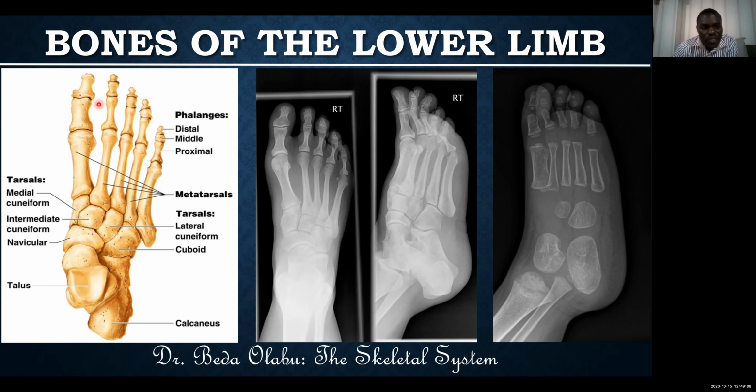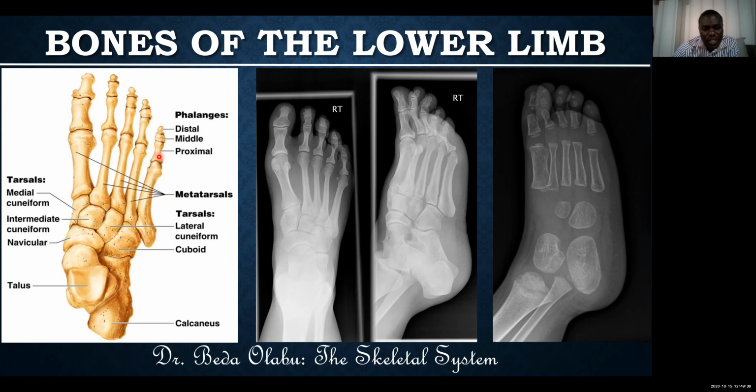Don't be tempted to say 15. The big toe, similar to the thumb, has only 2 phalanges, the proximal and the distal phalanx. But the other 4 toes, just like the other 4 fingers, have 3 phalanges each: proximal, middle, and distal phalanx. So a total of 14 phalanges in each foot.